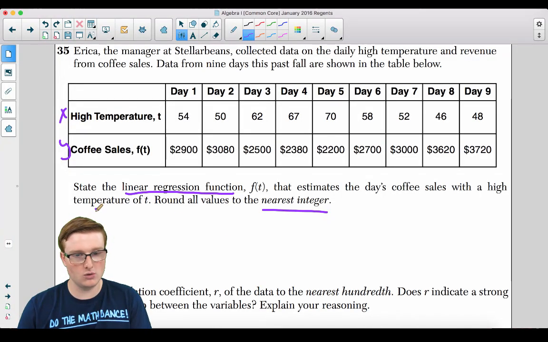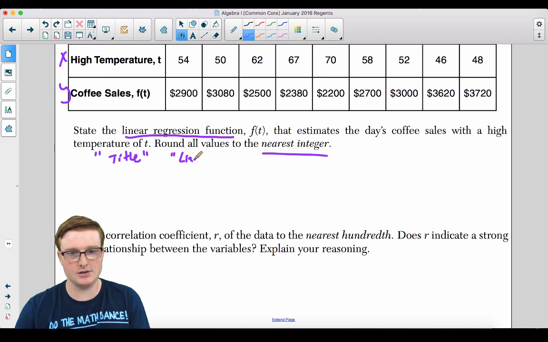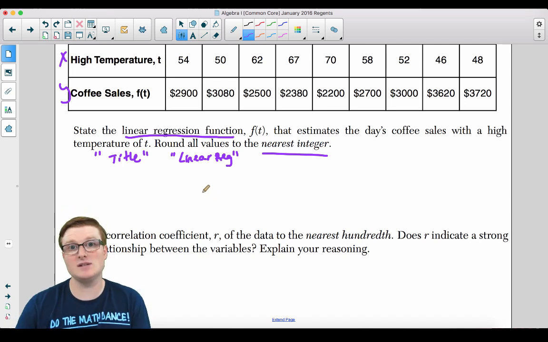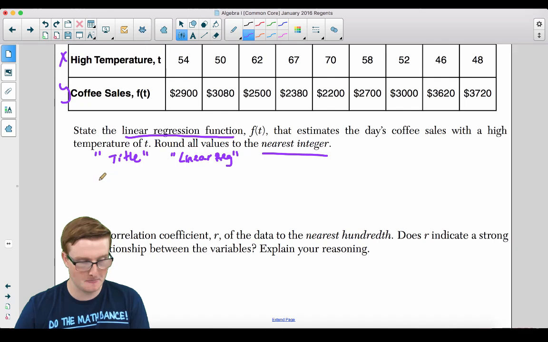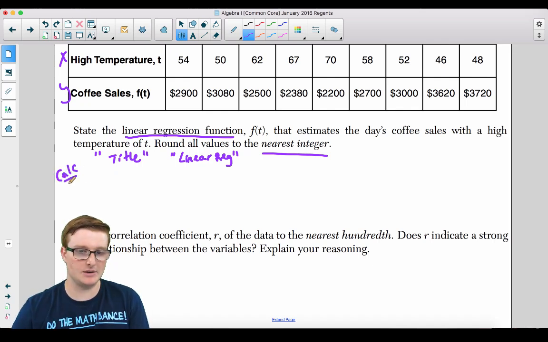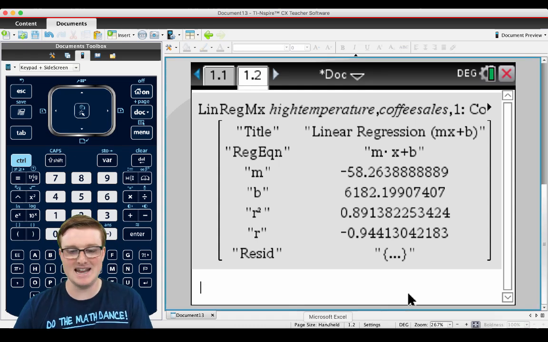So I'm going to go to the left here, and I'm going to write the title: linear regression. Now, you don't need to write that down, but I do like to write that just to make sure that the reader or the grader of the exam knows what I'm doing, because this is all in the calculator. Now, your m value rounded to the nearest integer is negative 58.